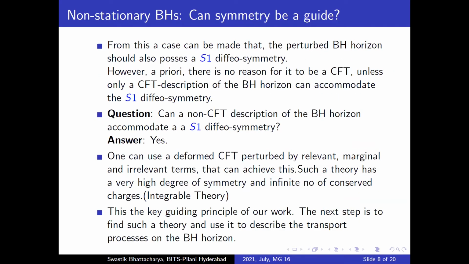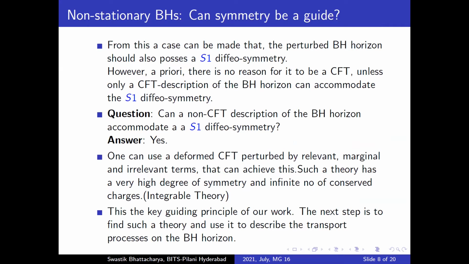So if we take this as our starting point, then we can look for a theory on the perturbed horizon which also possesses S1 symmetry. But now the point is, would it be a CFT? We know that if it is perturbed, there are more interactions involved which can bring in a length scale. So a priori, there is no reason for it to be a CFT.